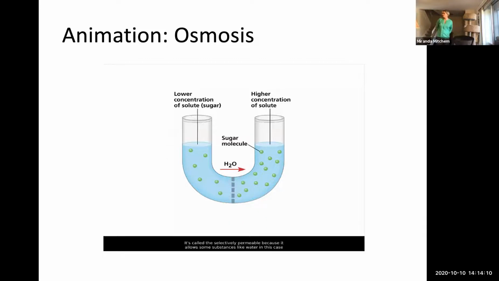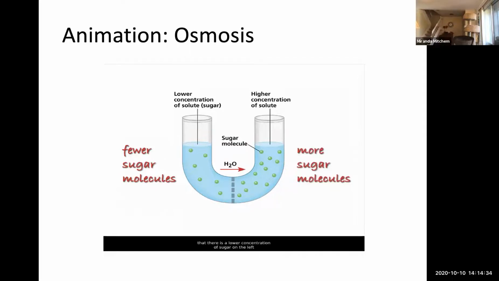It's called a selectively permeable membrane because it allows some substances, like water in this case, to pass through, but blocks others like the sugar molecules. Notice that there is the same volume of solution on both sides of the tube. But there are fewer sugar molecules on the left side and more on the right side, meaning that there is a lower concentration of sugar on the left and a higher concentration of sugar on the right.